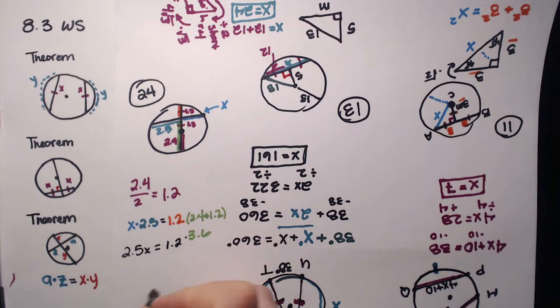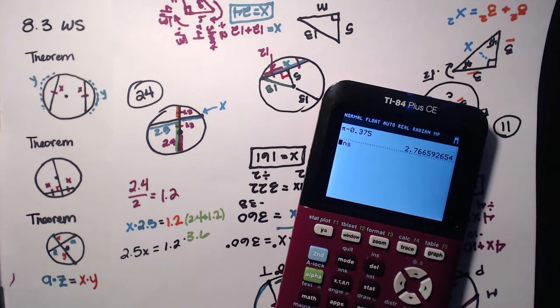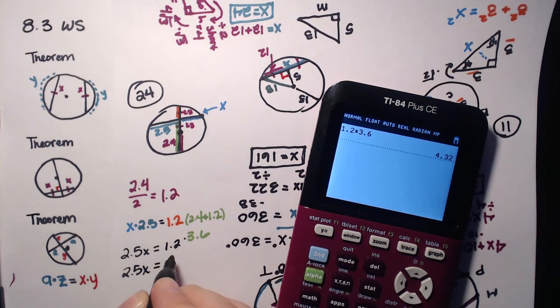So when you multiply those together, let's see what you get. I don't have my calculator out with me. Let's pull that out. Okay, baby, play with the lid. So we're going to take 1.2 times 3.6. So 2.5x is equal to 4.32.